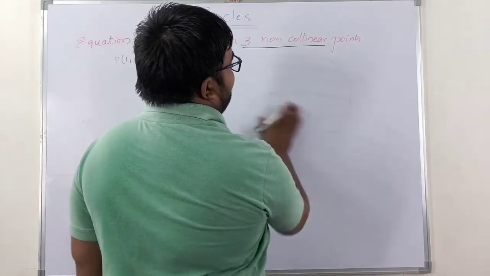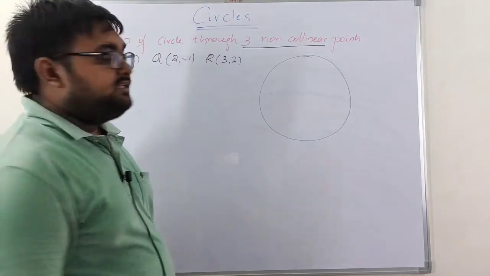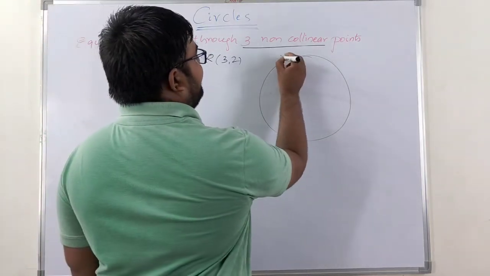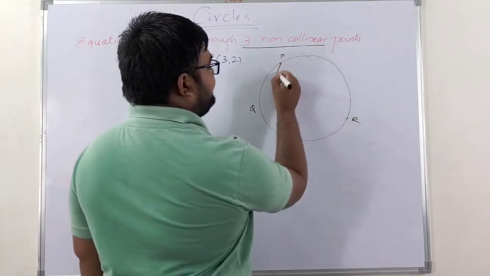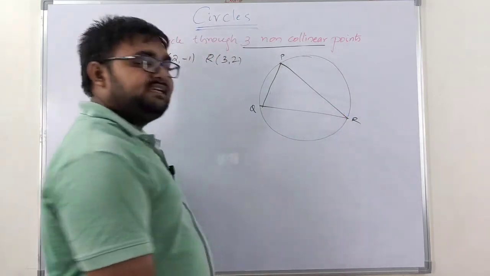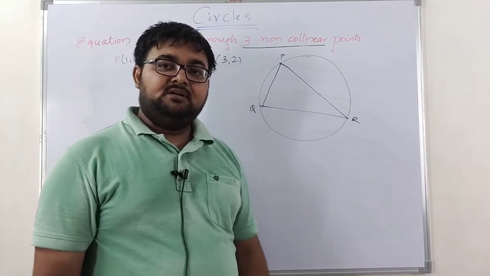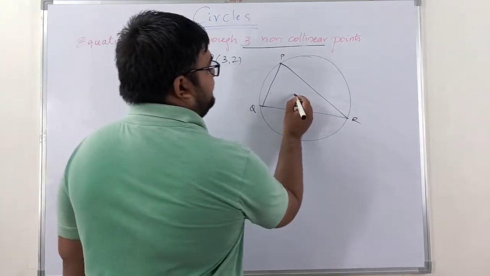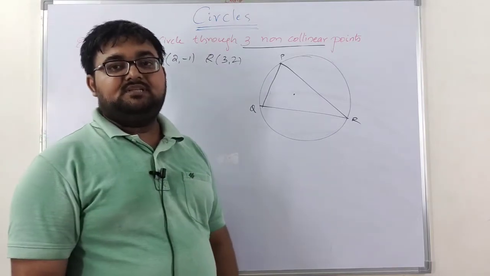this is a circle. In this circle, I have 3 points P, Q and R. When I join these 3 points, I am going to form a triangle. Now this is the center of the circle.